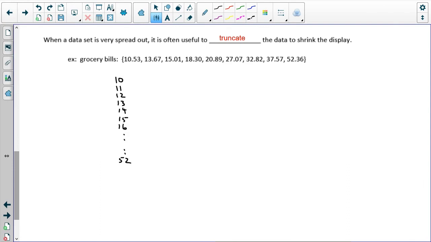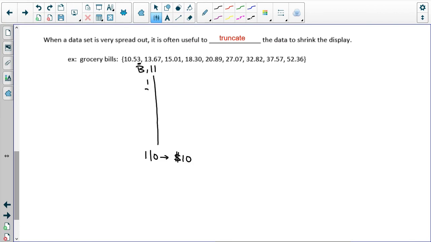And then we would still have to get rid of the pennies, basically. So it's probably better to just do something like this. This means $10, and we're just ignoring all of the decimal places after that for our bill.